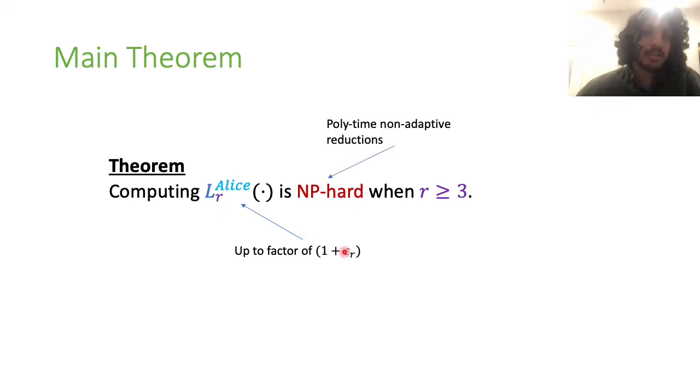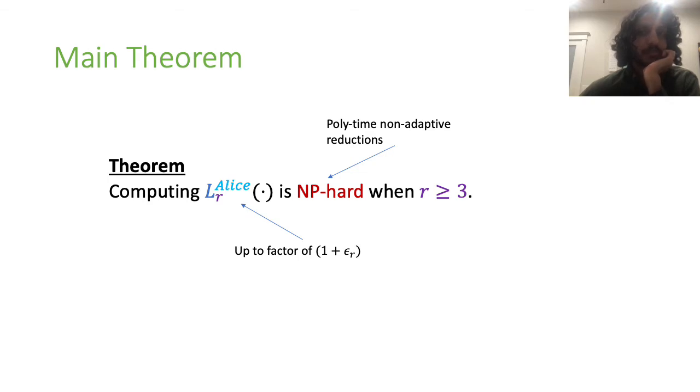Here, epsilon is some constant that depends on r, so you should think of this as maybe 1.001, and that 001 gets smaller as the number of rounds gets larger. The other thing is the NP-hardness here is under polynomial time non-adaptive reductions, so relatively standard.